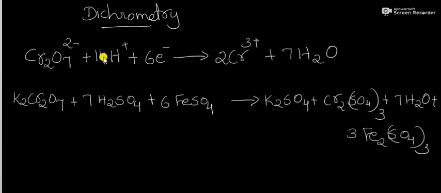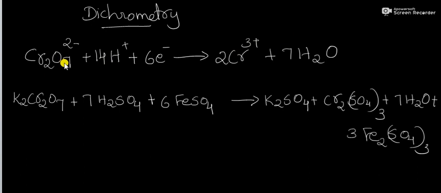Next is dichrometry. Here the oxidizing agent or oxidant is potassium dichromate. It is titrated against reducing agents. Potassium dichromate is a powerful oxidizing agent in acid medium. It can oxidize reducing agents like ferrous sulfate, nitrite, sulfite, etc. In these reactions, dichromate is reduced to green colored Cr3 plus ions according to this reaction.